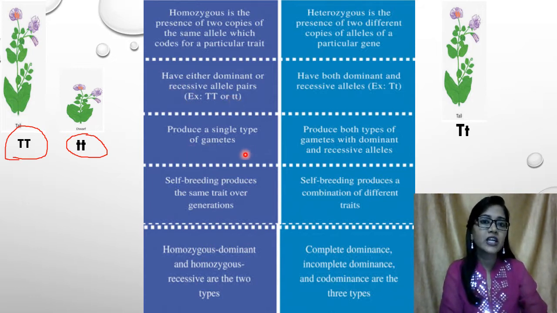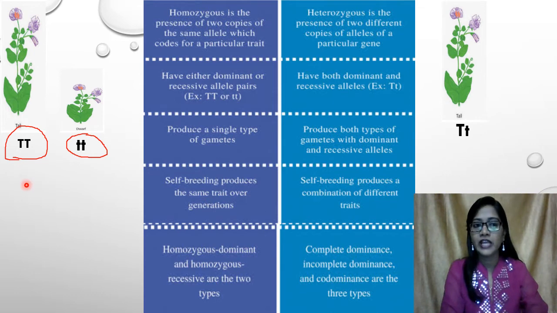They produce a single type of gamete. It will contribute a capital T gamete, or it will contribute a small t gamete, a single type of gamete. Self-breeding produces the same trait over generations. If we take a tall plant with the genotype capital T and self-pollinate the flower or the plant, we'll get the same trait, a pure line.